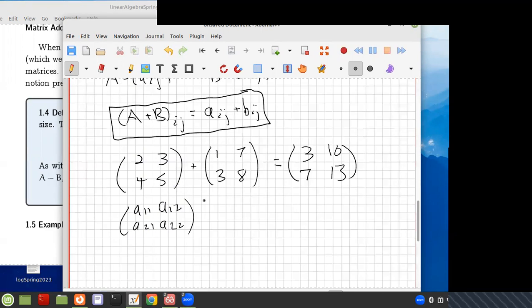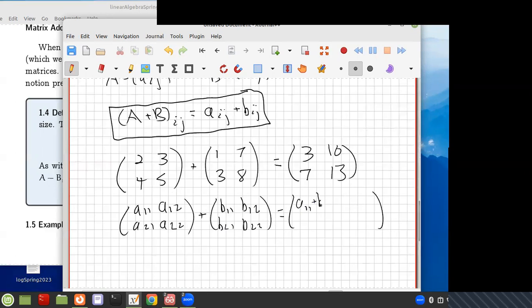And you're adding them with B11, B12, B21, B22. So over here I was just computing A11 plus B11, and then A12 plus B12, and A21 plus B21, and then A22 plus B22.